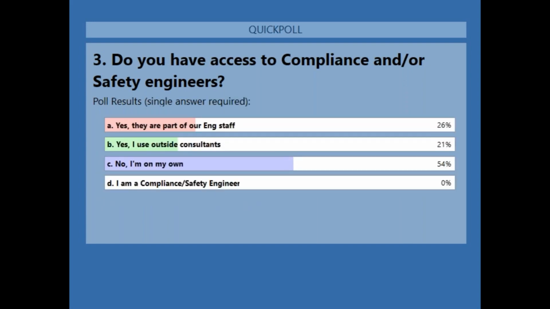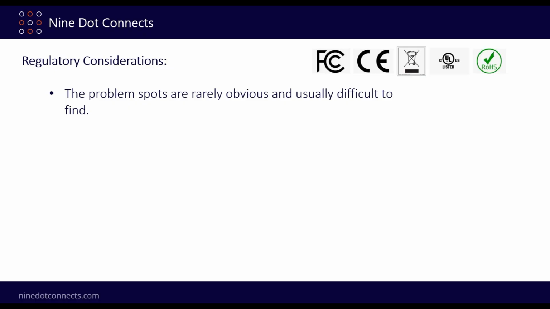I'm glad to see that I think it says 26% have their own engineering staff. And some people are using consultants. Now, I would suggest, this is a big suggestion here, that the problem spots are really obvious and usually difficult to find in regulatory situations.